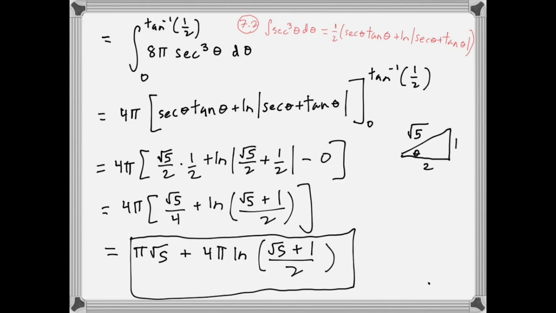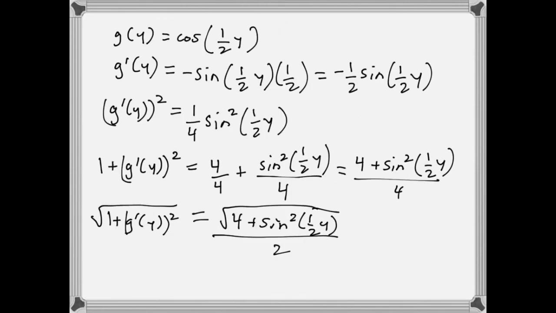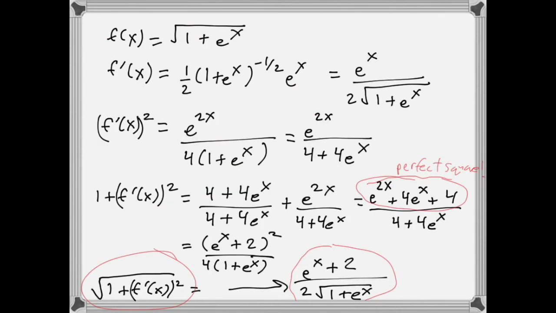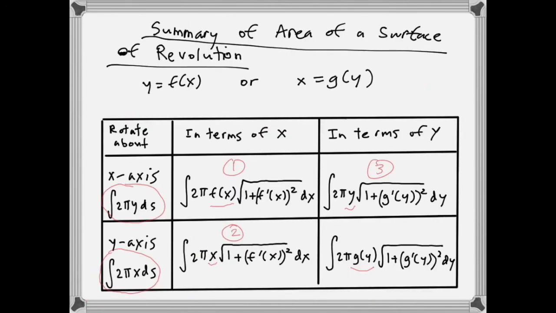That was a very complicated integral, but it allowed us to practice a whole bunch of previous methods from chapter 7. This was the only challenging integral that I did in all these examples. But just to go back to our setup here, remember we had everything in terms of y and we were rotating it around the y-axis. So that means that we actually had this kind of a problem, right?